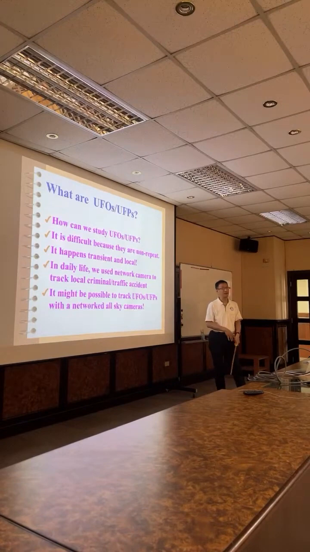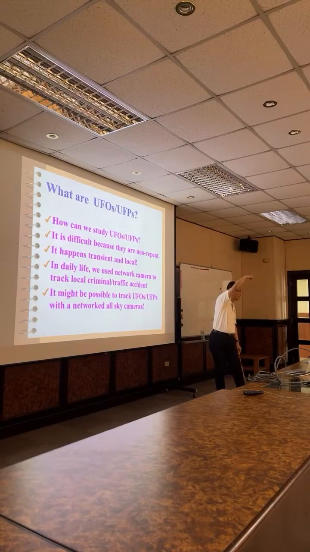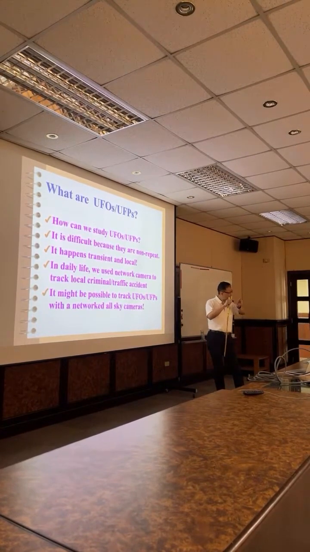The idea is, if some UFO phenomenon happens here, the difficulty is usually that it goes far away and people cannot track it. But if you have cameras everywhere, just like tracking a local criminal or an accident, we know where the UFO is going. It's too fast, we cannot follow.